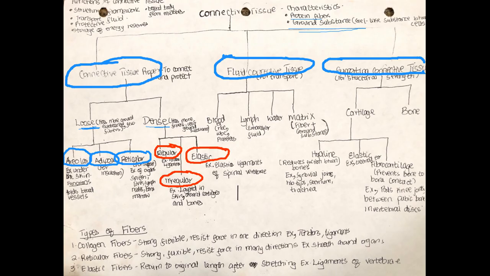The easiest way to recognize areolar tissue is when you're looking at it, you're going to look for two structures on there. You're going to look for elastic fibers, because there are two kinds of protein fibers here. There are elastic fibers, and then there are collagen fibers.